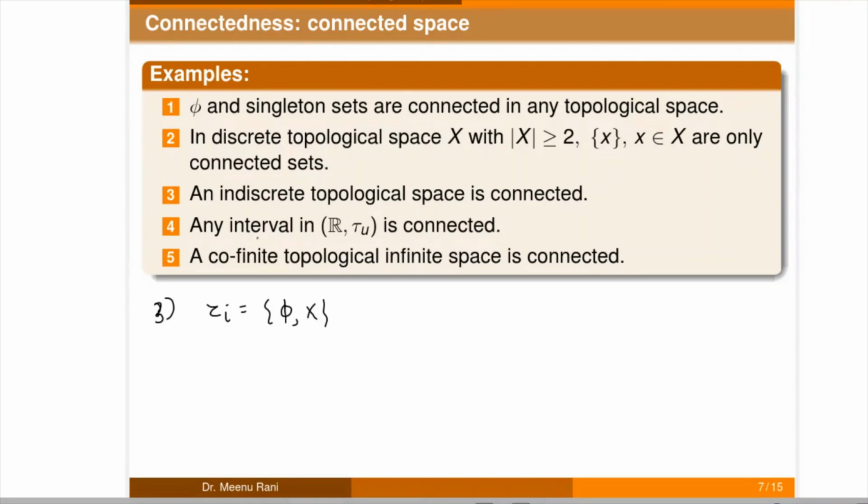Now the fourth one is any interval in real numbers with usual topology is connected. If we take any interval in the real line, it also cannot be written as a union of two non-empty separated sets. It is also a connected space.